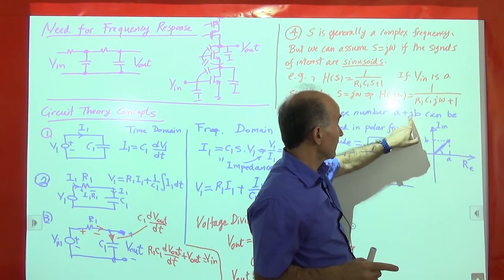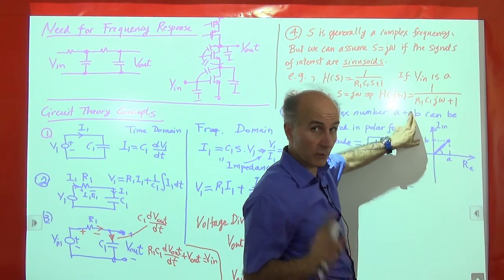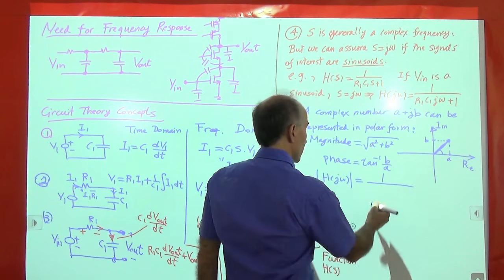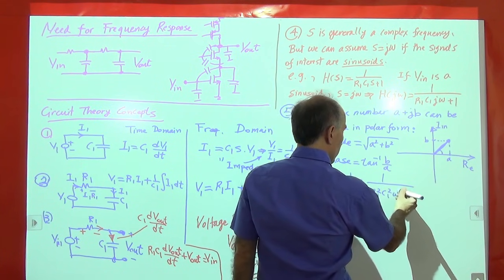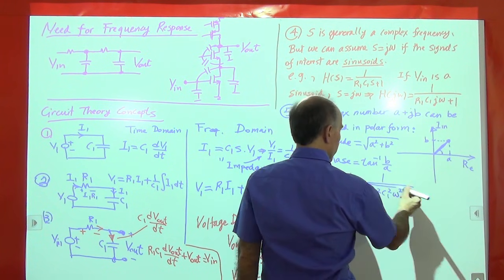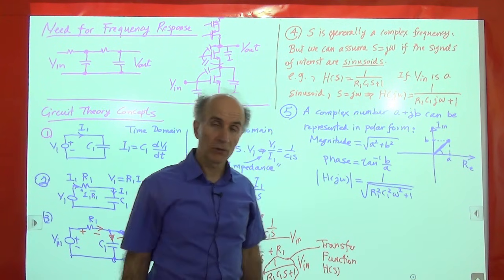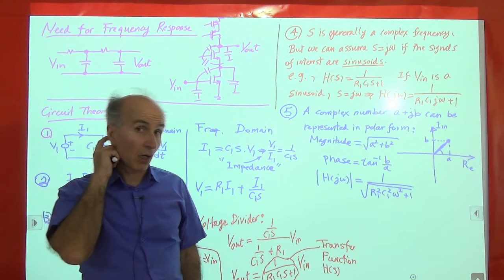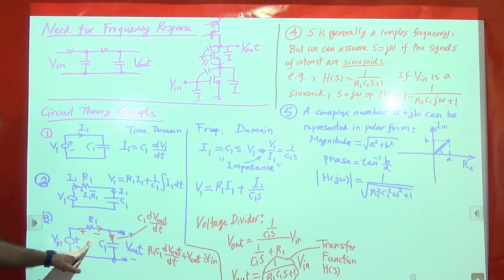J is this. We are talking about b, not bj. You're not squaring bj, you're just squaring b. Okay, so what we have is the square root of 1 over R1 squared C1 squared omega squared plus 1, according to this. So that is the magnitude of the transfer function of which circuit? This circuit here.